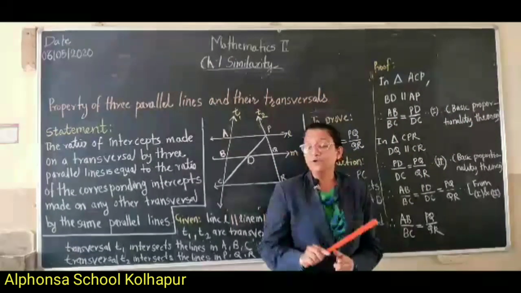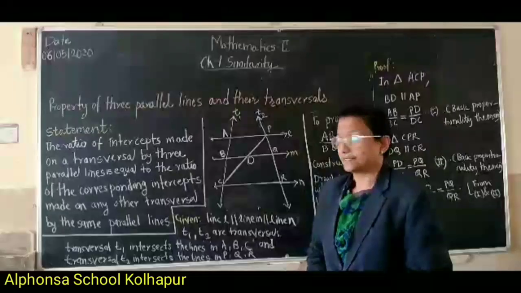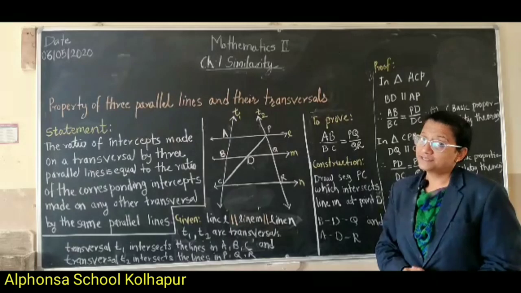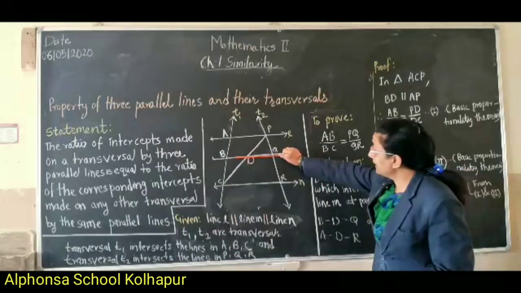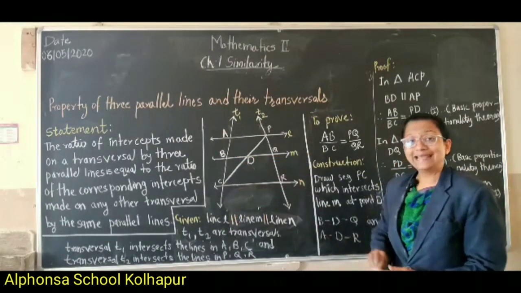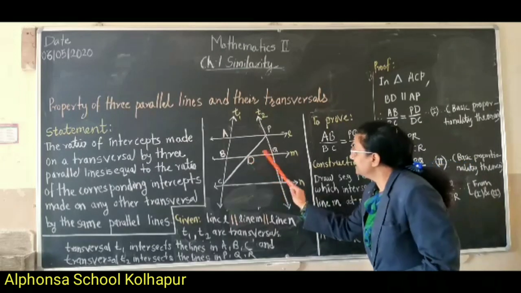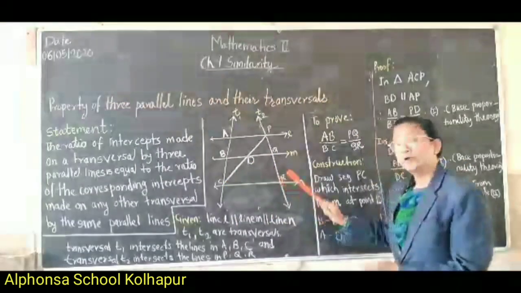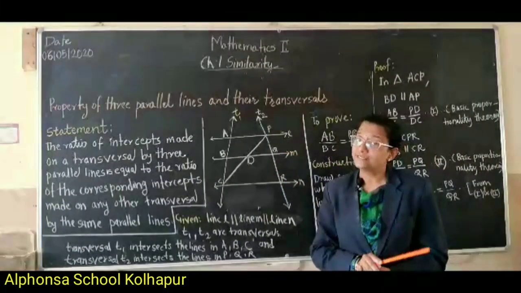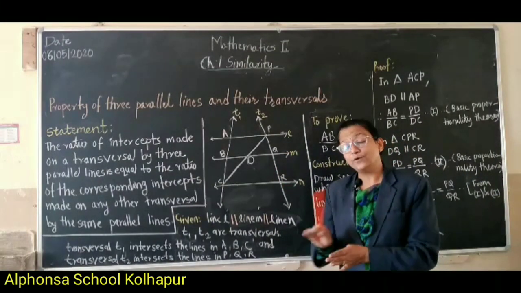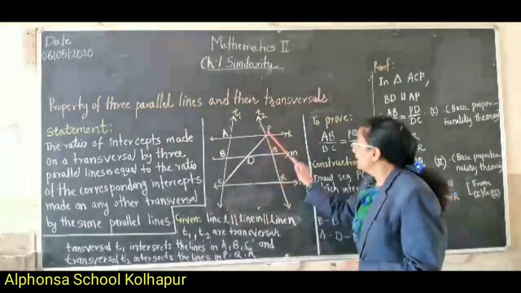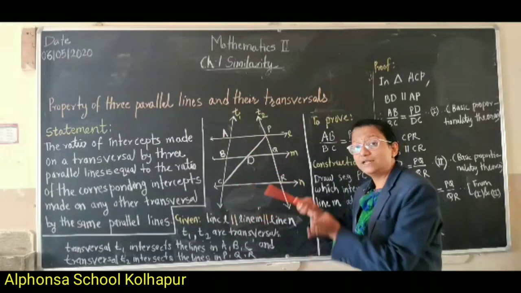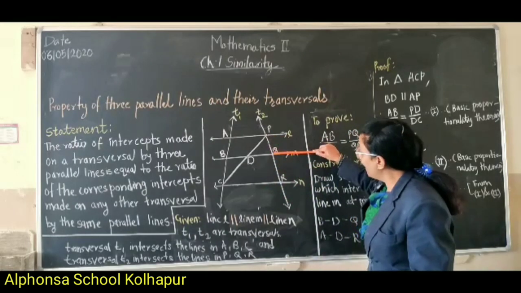Understood? Now we are going to consider another triangle, triangle PCR. In this triangle, as line M is parallel to line N, DQ will be parallel to side CR. So here also we can use the basic proportionality theorem, and according to that, segment PD upon DC will be equal to PQ upon QR.